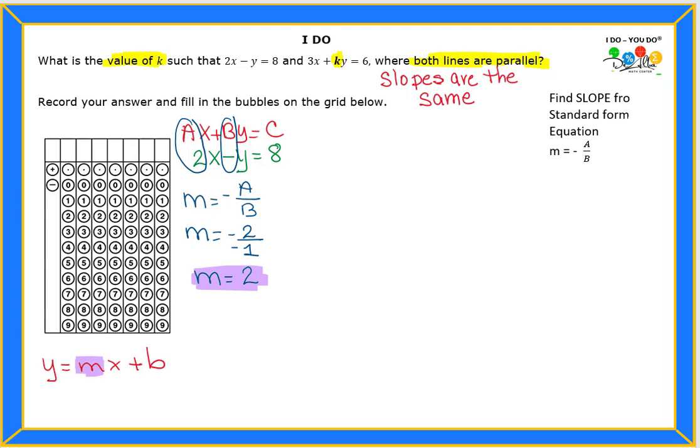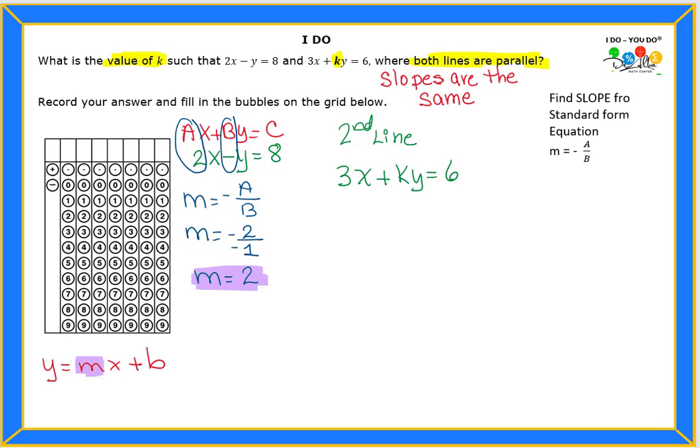So what else do I know about my second line? Okay, so this is my second line, and I do know that they're parallel, therefore the slope is the same. On this other one, I'm going to write down 3x plus ky equals 6. That's my second line.